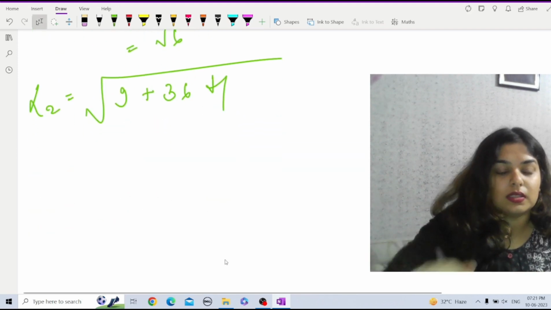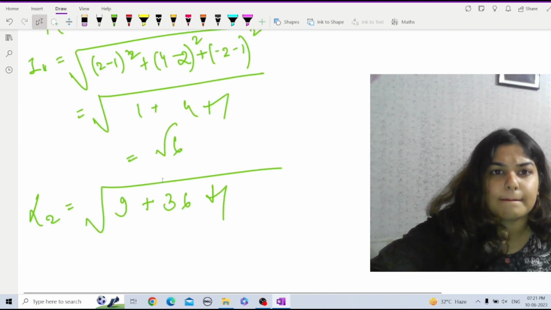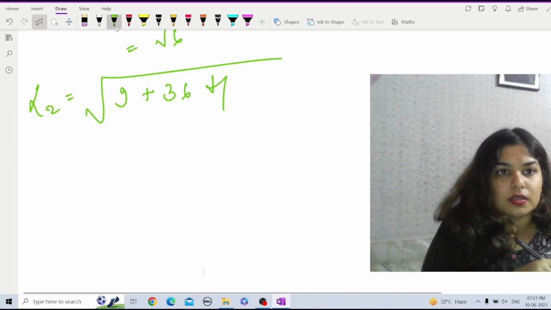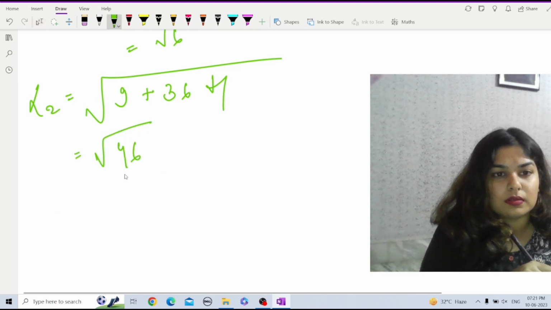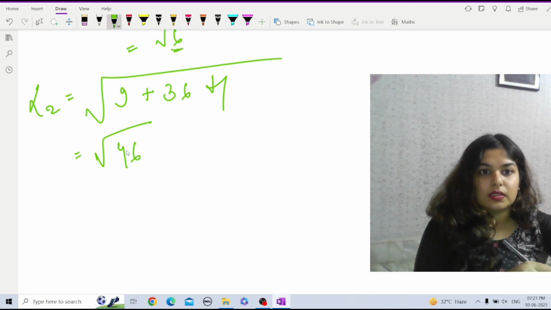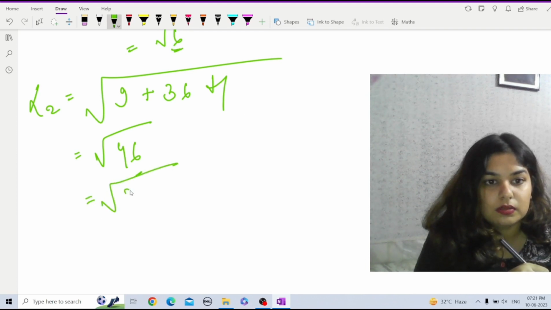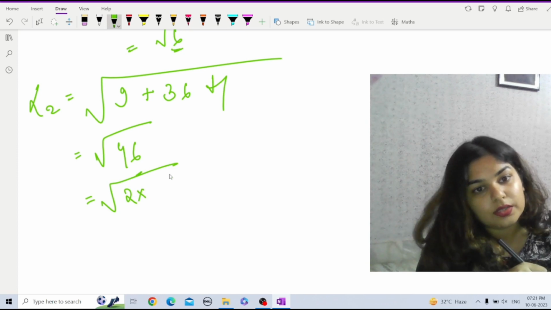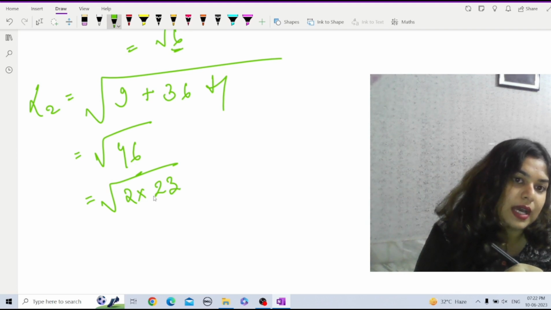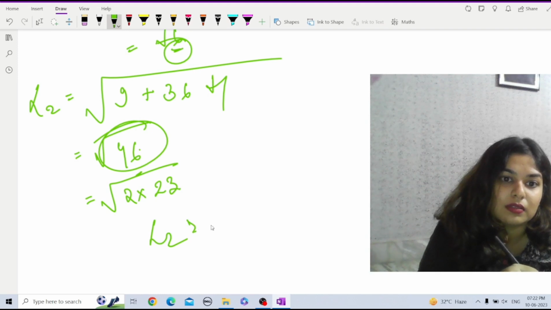So what we get here is root 46. We have to compare it with the other one. This is very clear that this value is greater than this one. So L2 is greater than L1.